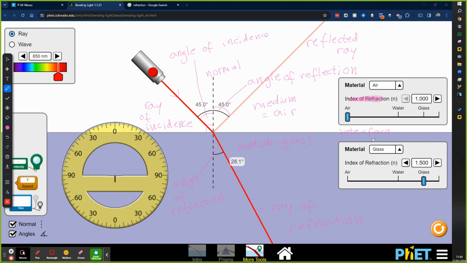For air it's 1. It's actually a little bit different, I think it's slightly more than 1. A vacuum is 1, and air is only a tiny bit higher than 1, because it's only slightly different to what it is in a vacuum. And then for glass, it's roughly 1.5, depending on what type of glass it is, but roughly 1.5.